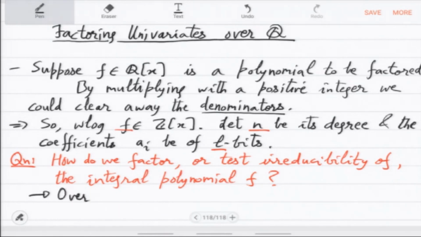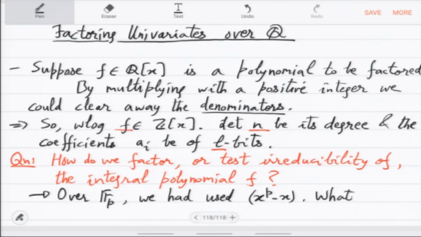So, over F_p we had used x to the p minus x, but what do we do now? That is not clear.